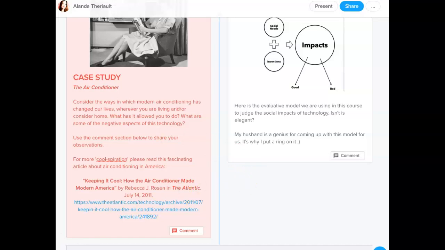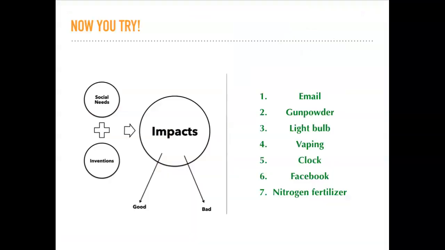Hi, welcome back, lovelies. So our final little piece for this module is you giving this model a try. I have here a list of inventions.